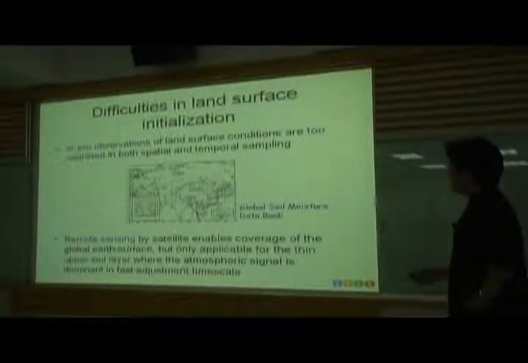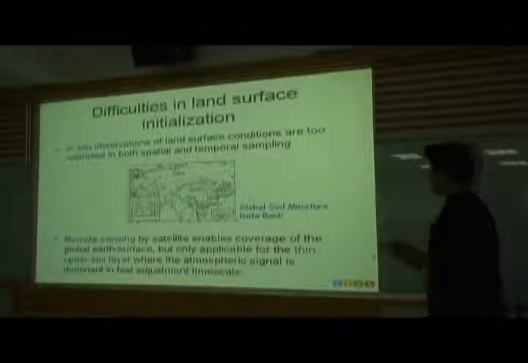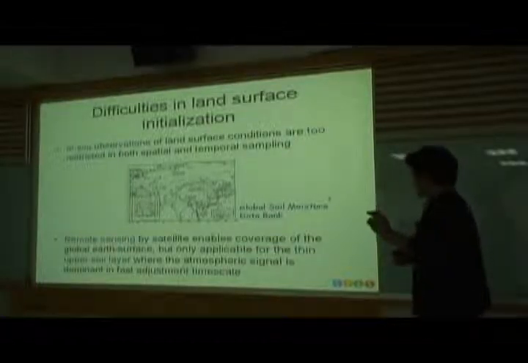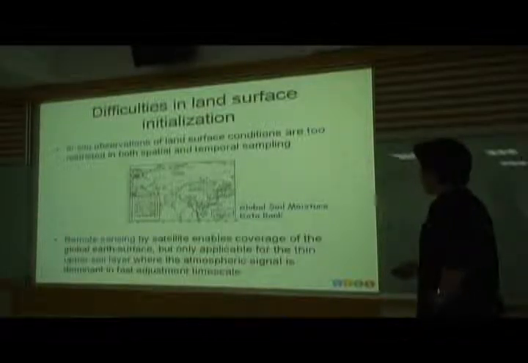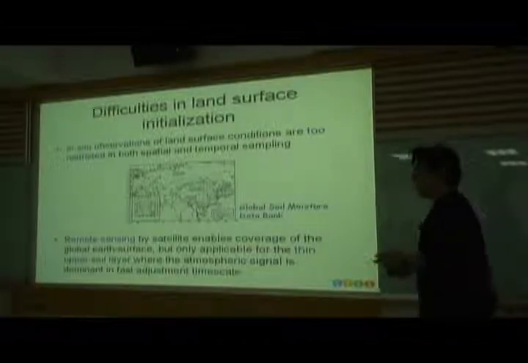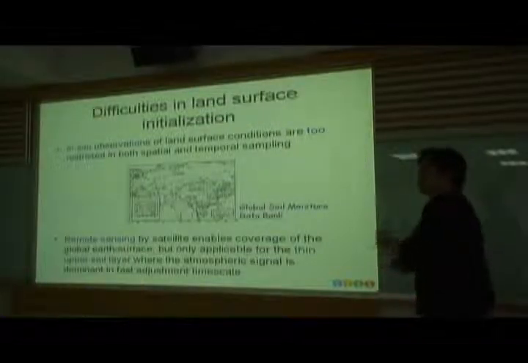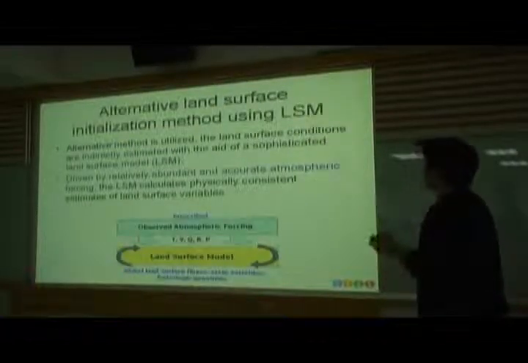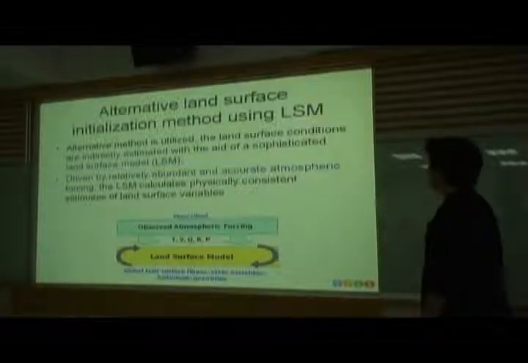Another way is remote sensing by satellite, which enables coverage of the global Earth surface, but it is only applicable to the thin upper soil layer, I think just 1 to 2 centimeters, where the atmospheric signal is dominant on a fast adjustment timescale. So it's useless to help the seasonal forecast. So an alternative land surface initialization technique using a land model is used.